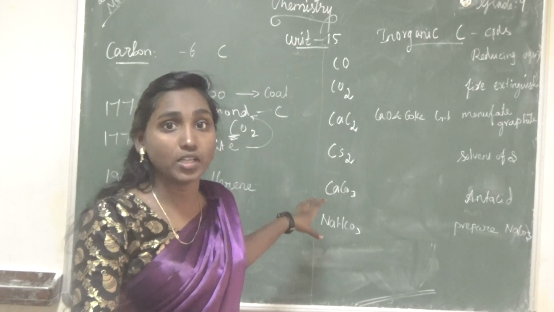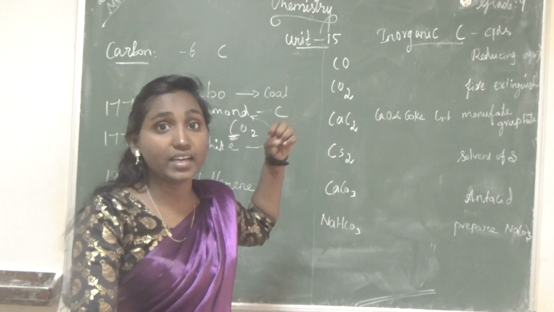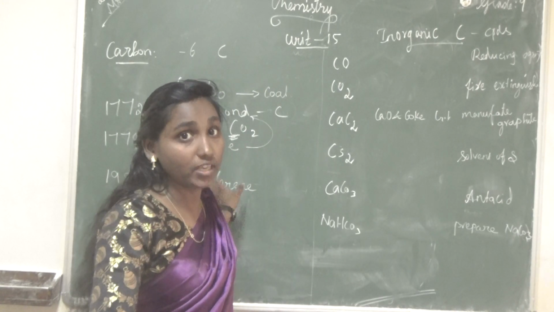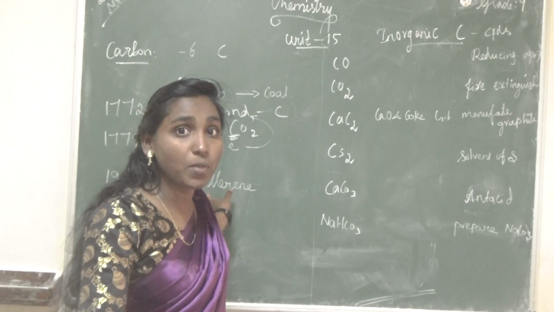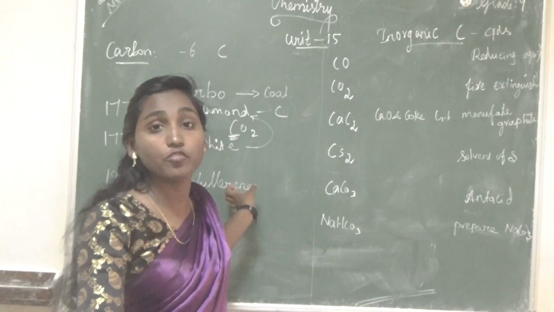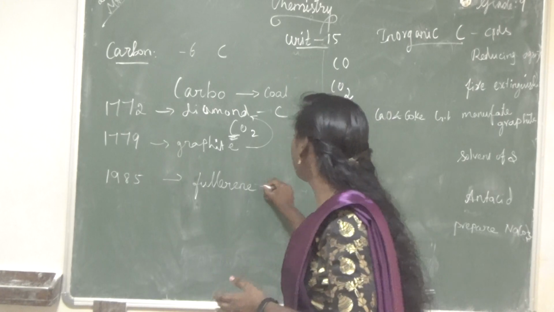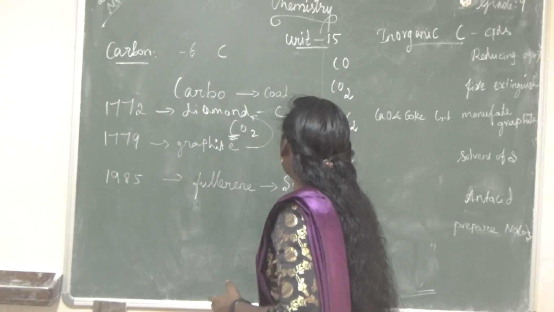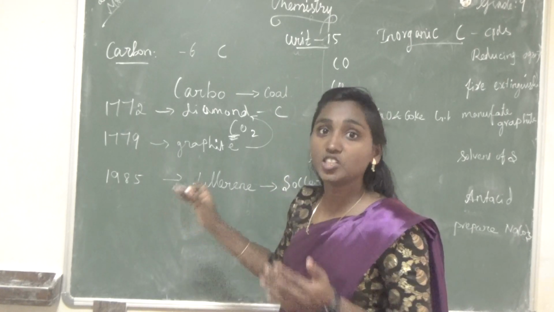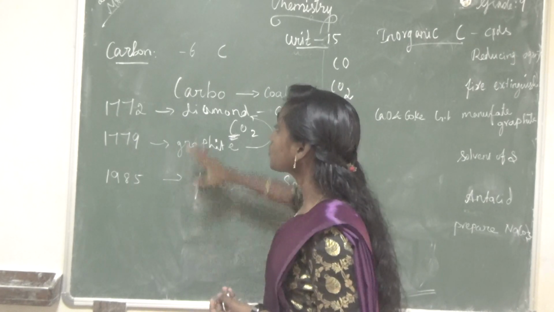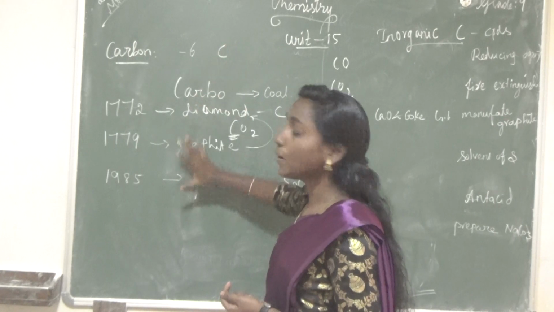Fullerene. The shape of fullerene is a soccer ball shape, meaning a football structure. So these are the carbon milestones.